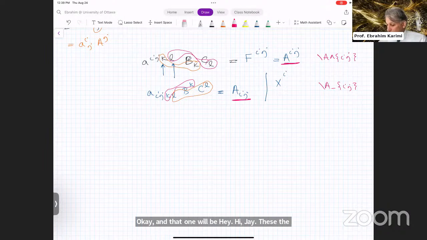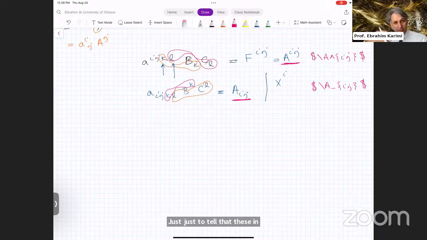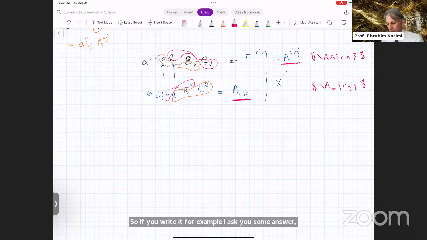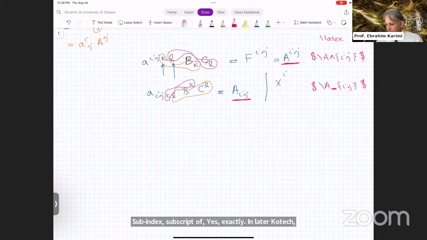This is the way that people see it, and usually you put it between dollar signs, just to tell that these are mathematical equations. So if I ask you some answer, you can write it as a power of ij, or a subscript, yes, exactly. In LaTeX or TeX, it is exactly the same.